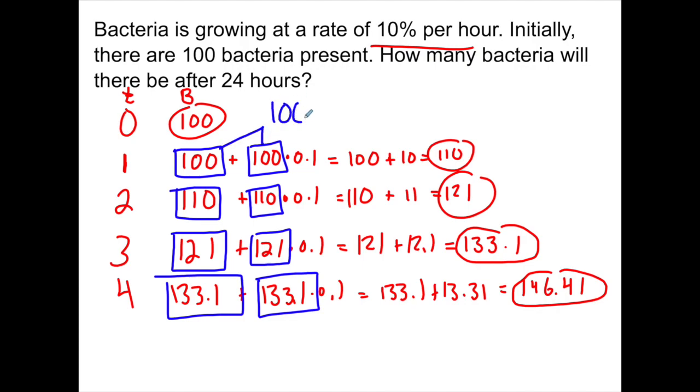So if I take out the 100, what I have is 100, and then what times 100 is 100? Well, that's 1. And then if I take that away, I get 0.1. Interesting. And if I clean that up, I get 100 times 1.1.